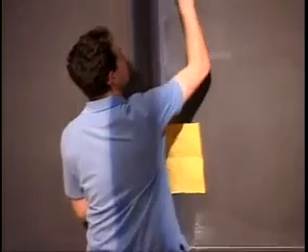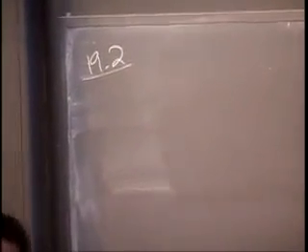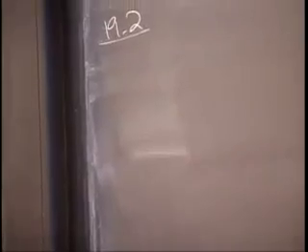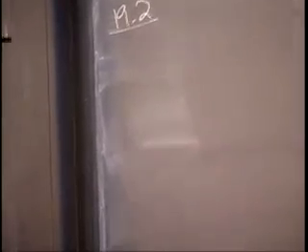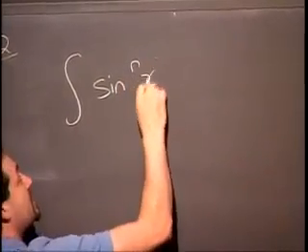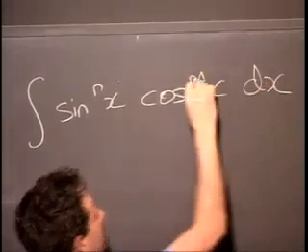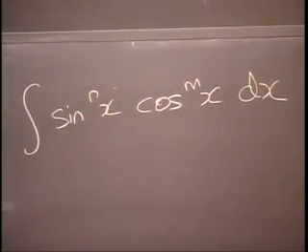So here goes. Let's start in chapter 19, section 19.2 of my book, looking at powers of sine and cosine. I'm going to show you how to do an integral that looks like this: sine to the power n x, cosine to the power m x dx, where these are positive integers.